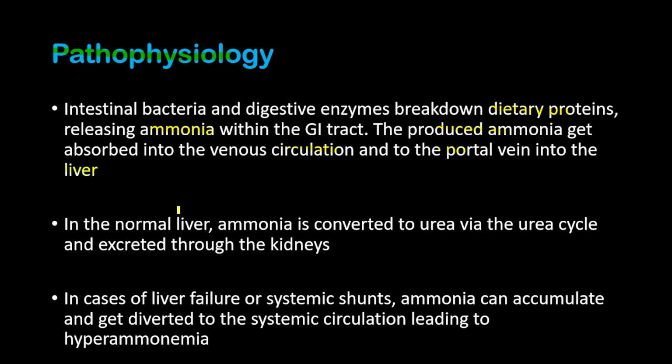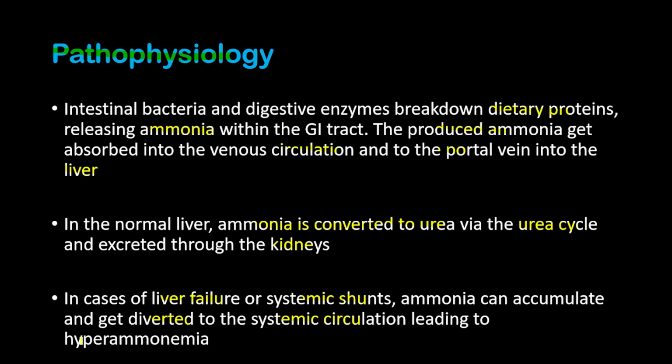Now, in the normal liver, the ammonia is converted to urea via the urea cycle and excreted through the kidneys.